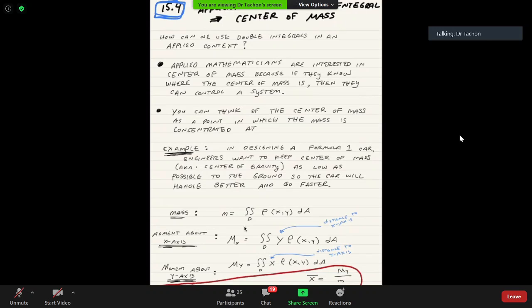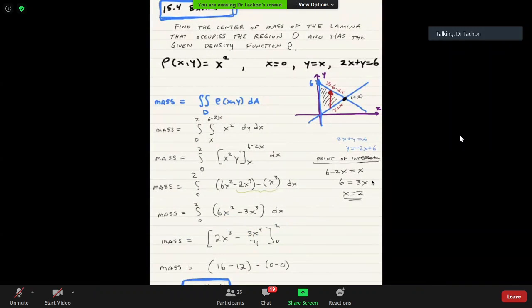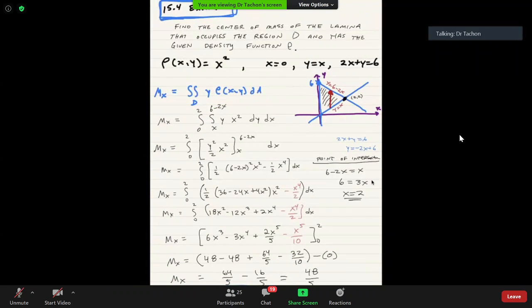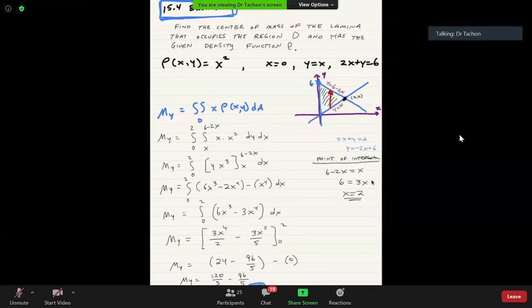So we had to find the mass, which we did on the next page, and the moments with respect to x and with respect to y. We found the mass: it's 4. The first moment with respect to the x-axis is 48 fifths. The first moment with respect to y is 24 fifths. Now let's put it all together.